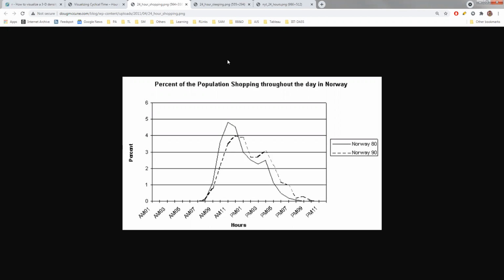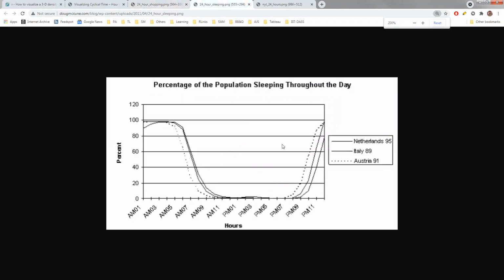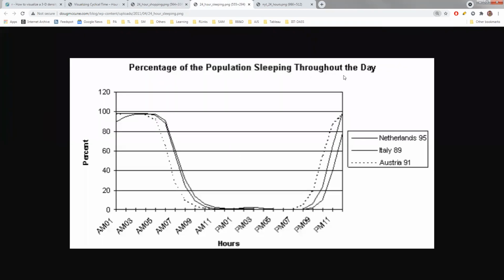Now let's look at another graph, which shows the percentage of the population sleeping throughout the day. The x-axis is fixed at the same time scale, from midnight, 1 o'clock a.m., to 12 p.m., midnight to midnight. We can see that during the early morning hours almost everyone is asleep, and around 5 or 6 o'clock people start to wake up.